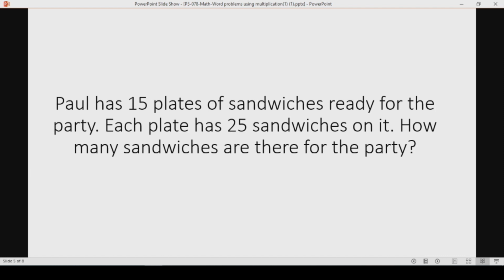Okay, so what do we need to do for this multiplication problem? Times. What do we times? How many plates? 15. And on each plate, how many sandwiches? 25. Excellent.